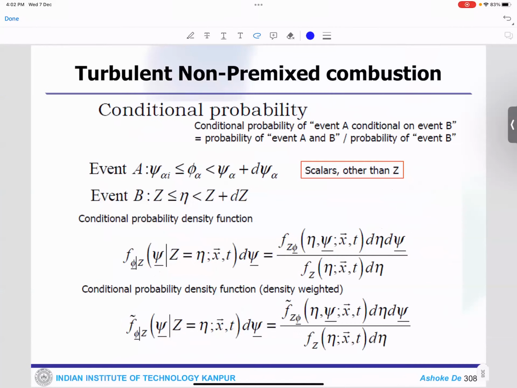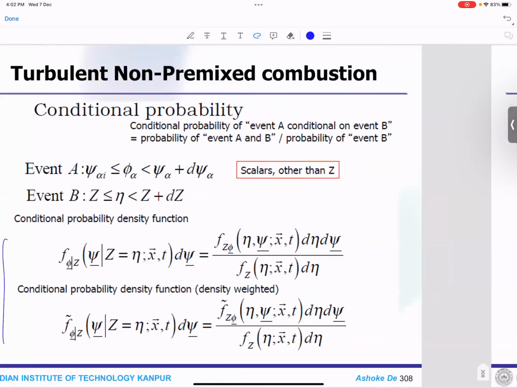Now coming to the conditional probability, it's about when you define the event occurring within a particular interval. So you have the conditional probability density function, and the density weighted function that you estimate like this.